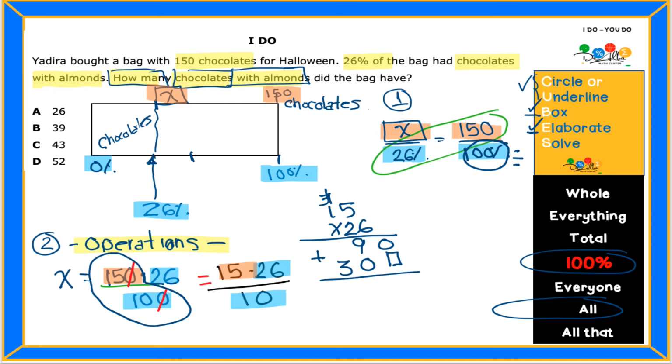Let's do our addition. 0 plus nothing, 0. 9 plus 0, 9. And 3 plus nothing, that's a 3. So 15 times 26 gave me 390.